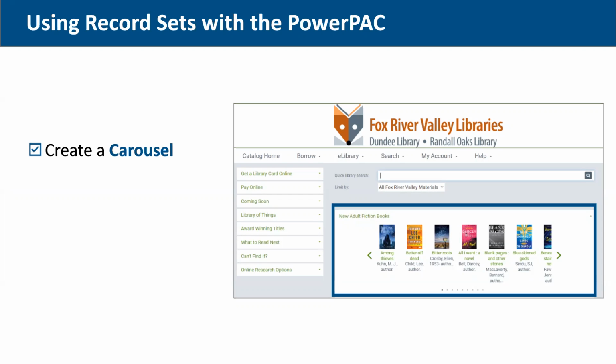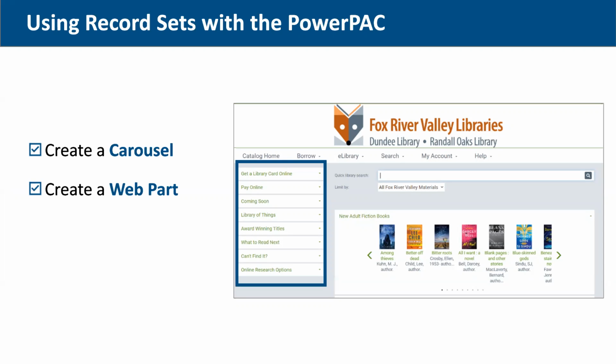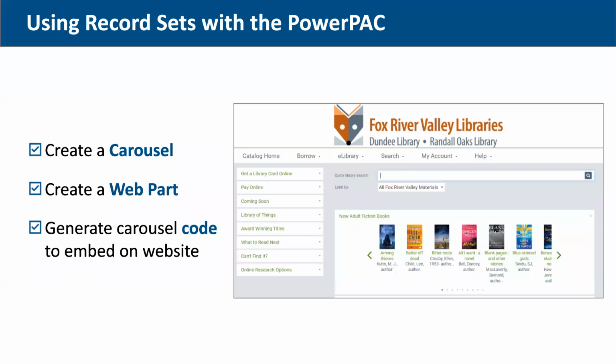And carousels are essentially virtual displays. You can also link to a record set from a web part. And additionally, you can generate code to embed a record set carousel on your website. And what happens there, when the user clicks on a title, it will take the user directly to that record in the online catalog.